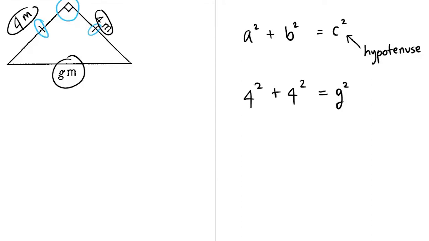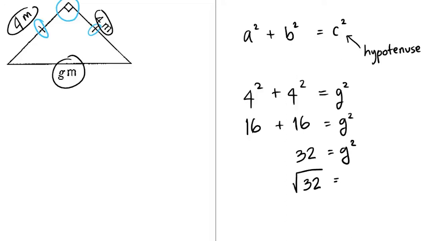Now if we calculate the left hand side of this equation, it would be 16 plus 16, that is g squared. Sum it up, you get 32 is equal to g squared. And if we take the square root on both sides, there will be the square root of 32 is equal to g. If you put that number in your calculator, you will get a number with a decimal value.